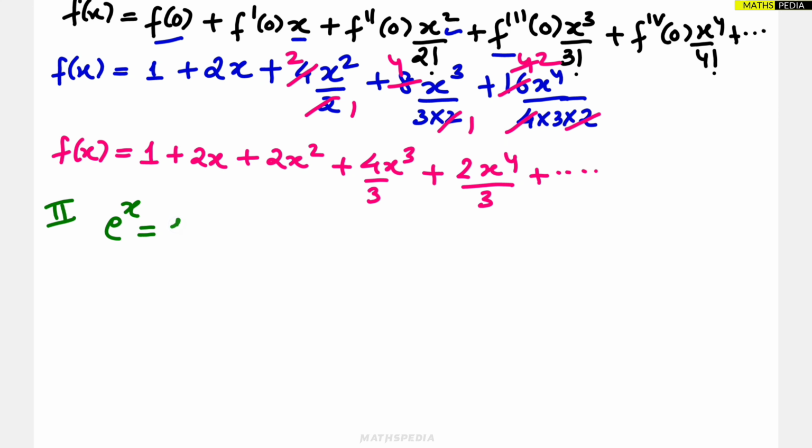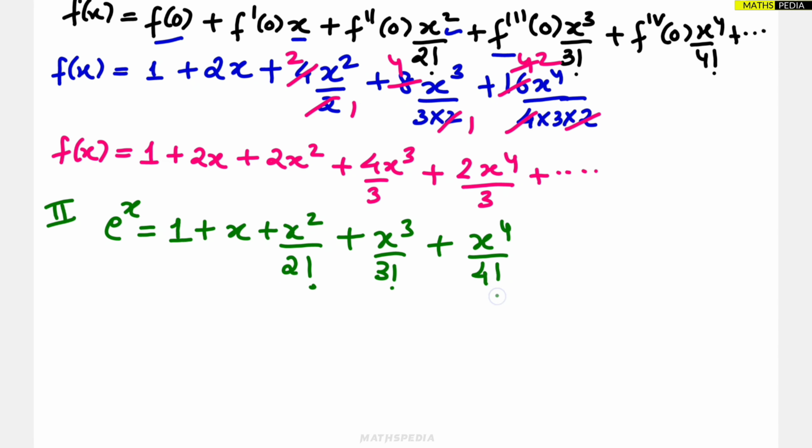So the Maclaurin series for e power x is 1 plus x plus x square by 2 factorial plus x cube by 3 factorial plus x power 4 by 4 factorial and so on. This is nothing but e power x. You have done a problem previously based on this same thing.